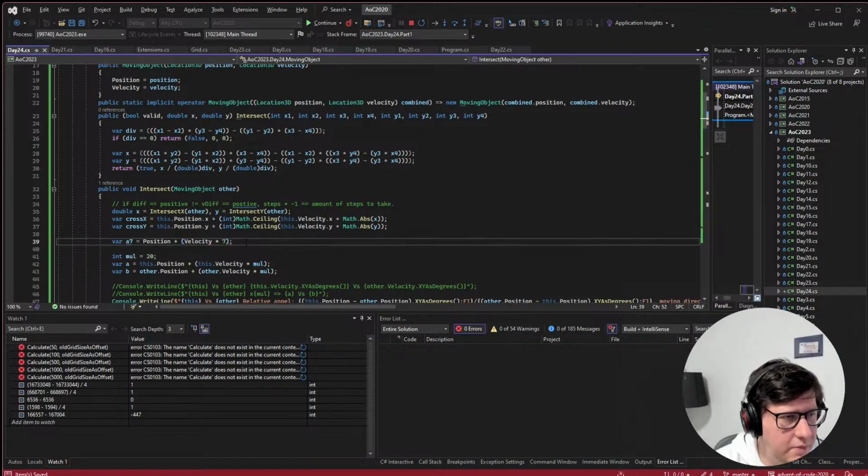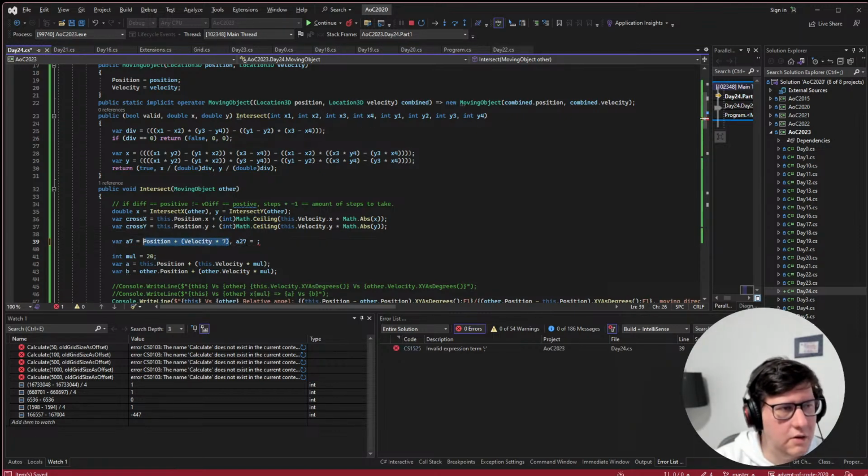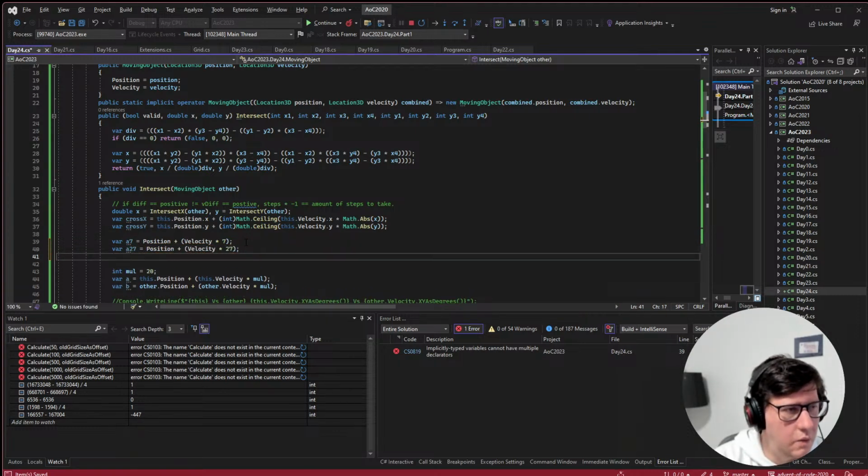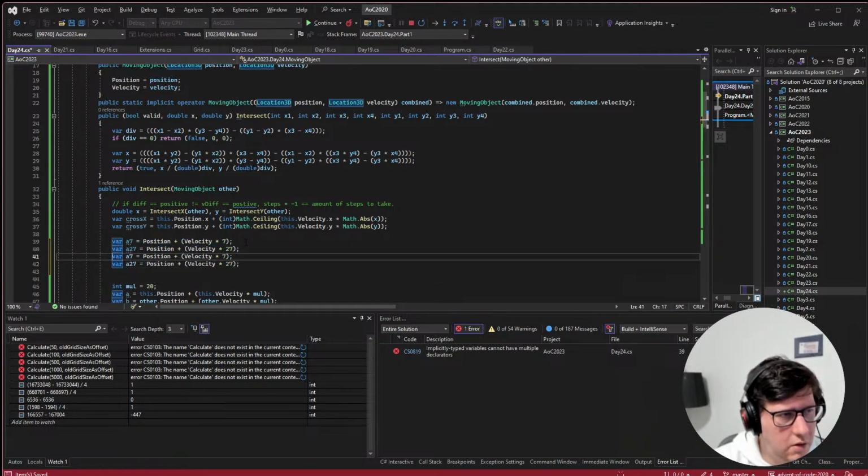This will be my sample start. A27 is this. We do the same for B. Doesn't really matter, but other.